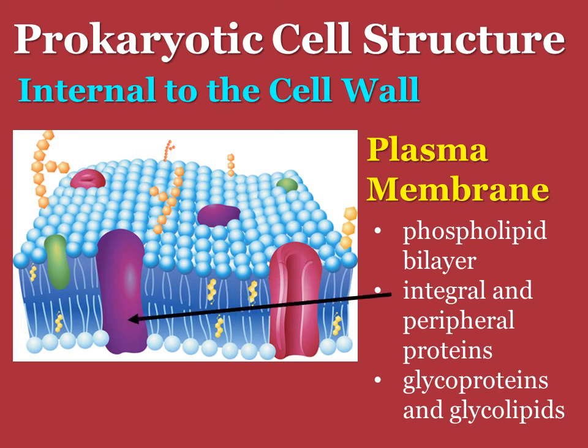Proteins at the inner surface are called integral proteins. When found on the outer surface of the plasma membrane, they are called peripheral proteins. Other substances in the membrane, such as glycoproteins and glycolipids, stick out from the plasma membrane. The plasma membrane will be discussed in more detail in Module 5.